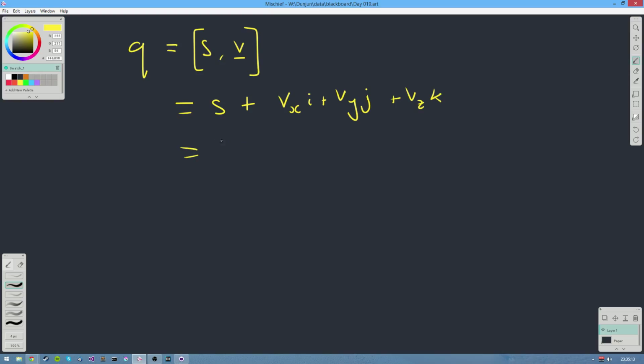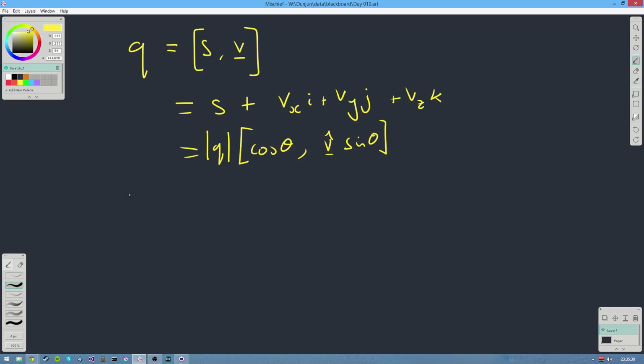We can also represent it as a length, say r or just q, and then cosine theta and v hat sine theta. That's one thing we learnt.